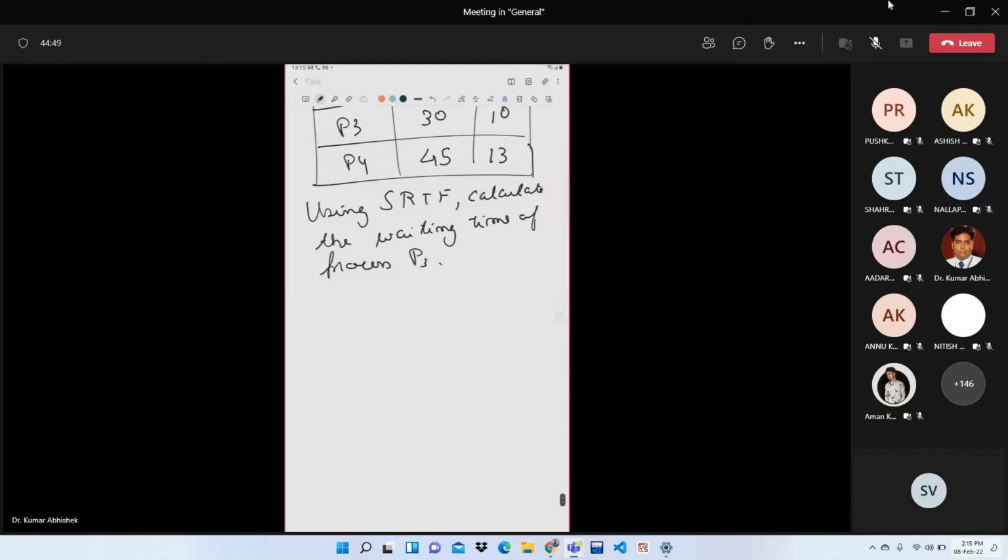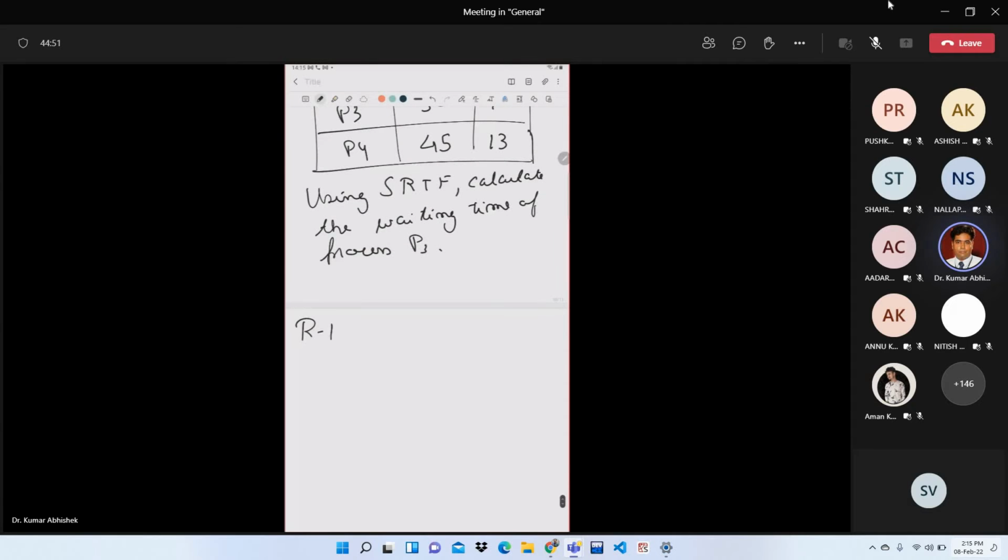Next is RR scheduling. So this is known as round robin.